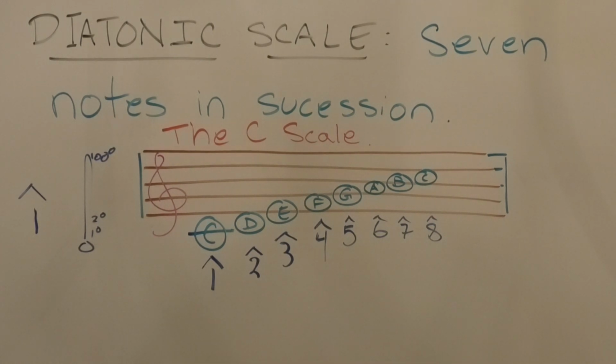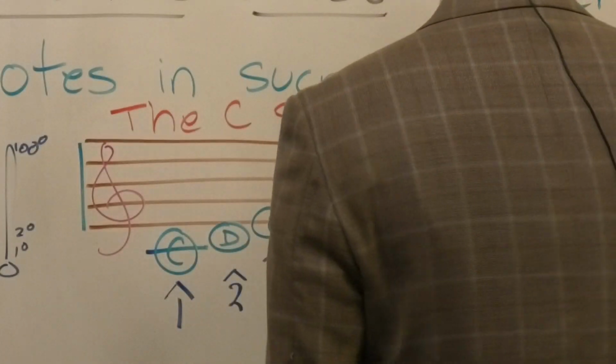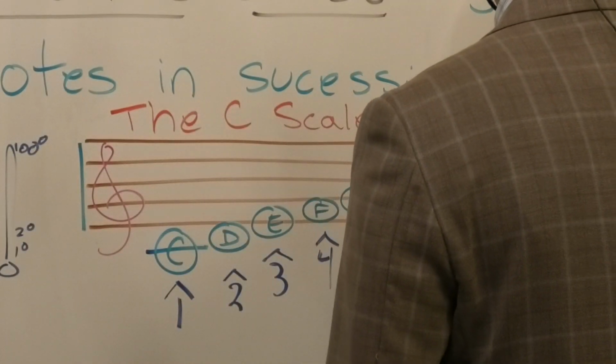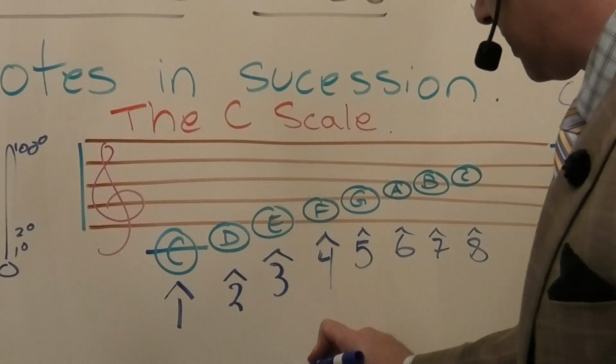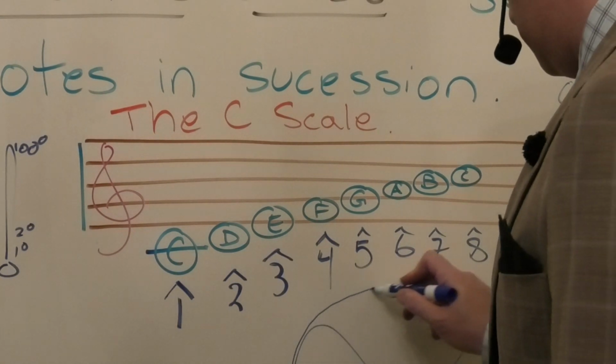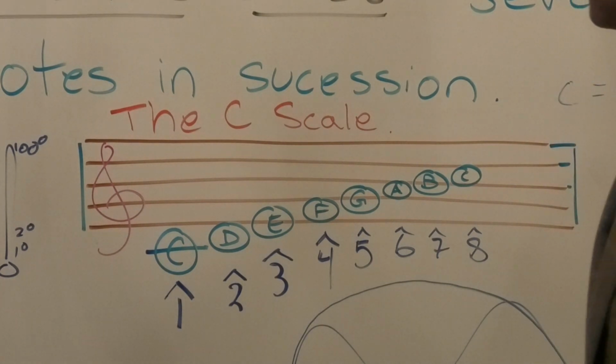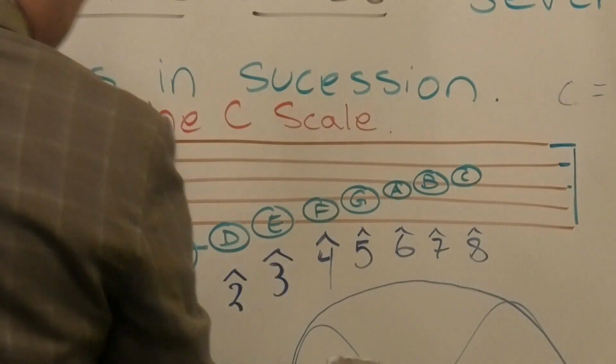Okay? And so in practicality, in the real world, a scale would have 8 degrees. In theory, C equals C. And actually the frequency of one C would be half the frequency of the other C, if we're talking about physics, exactly half.